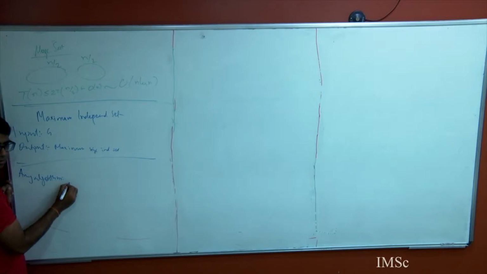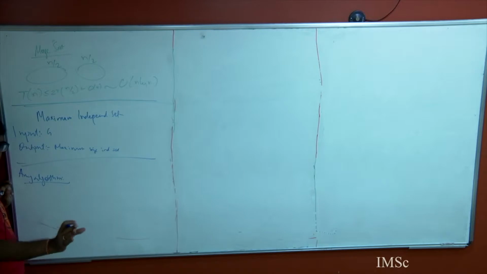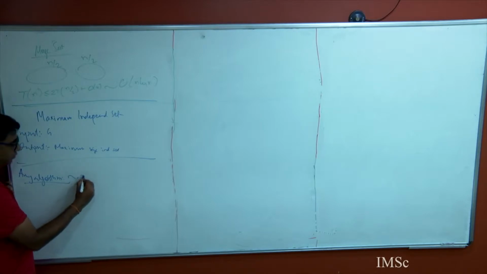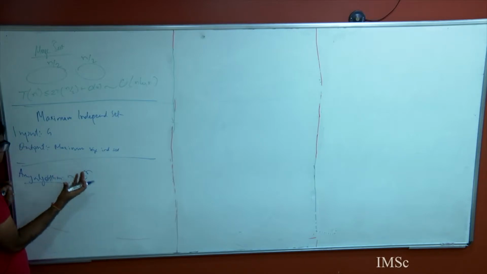What will you do? So what is a brute force? Excellent. We'll come to that algorithm. So what could be the running time of this algorithm? Order? Which is the same as enumerating all subsets, checking whether each forms an independent set or not, and picking the one with the maximum size.